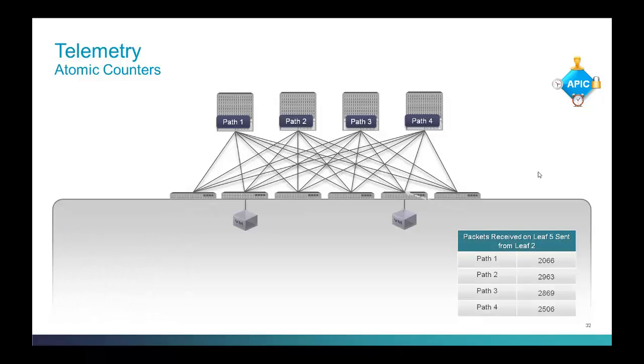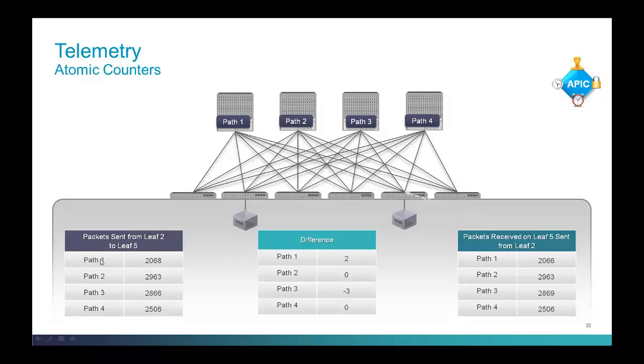It will be able to measure the number of packets for each path at the egress of, for example, leaf 2, and compare this with the ingress of the 4 paths at the destination, leaf 5. Usually the case will ideally be 0, but there was a difference of 2 and minus 3 here. This is what will determine your health score.